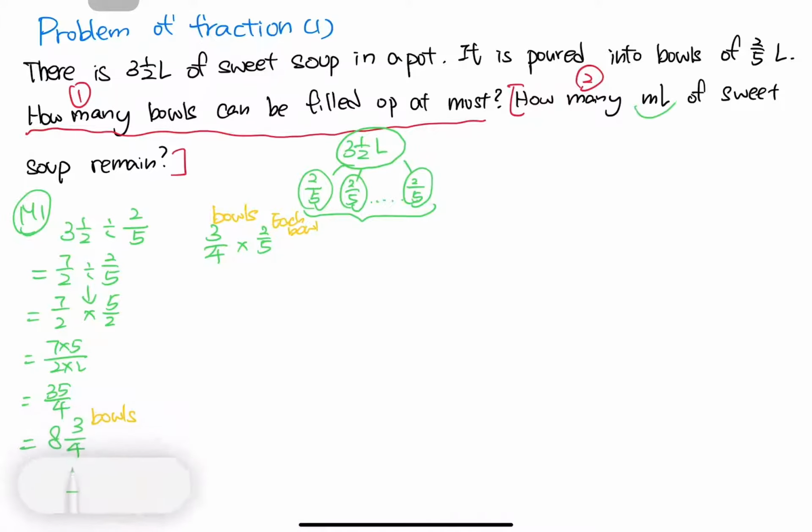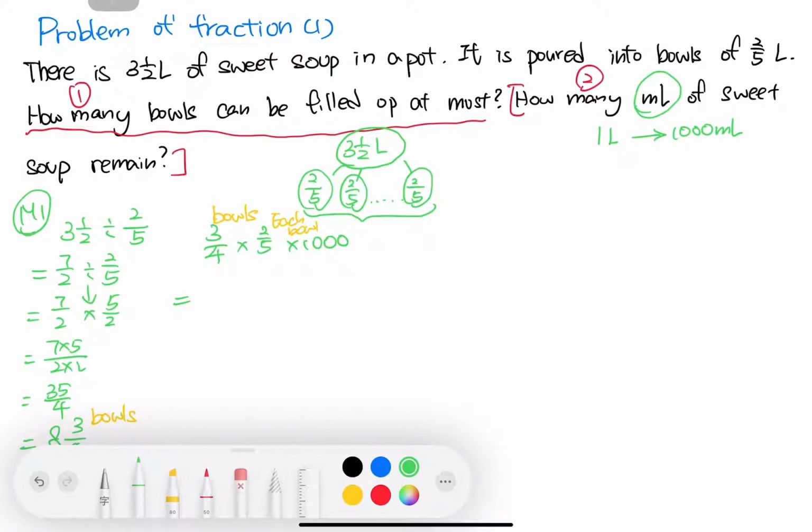But the question is asking for ml. 1 L is equal to 1000 ml. So when you change the liter to ml, we have to times 1000. That is the multiplication of fractions, so we do the simplification before we do the calculation.